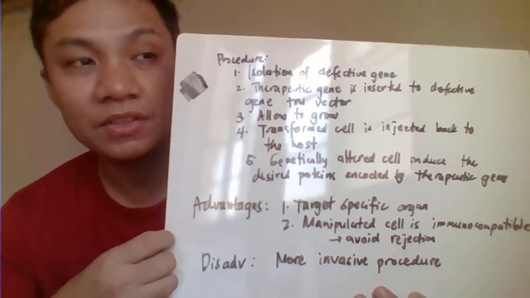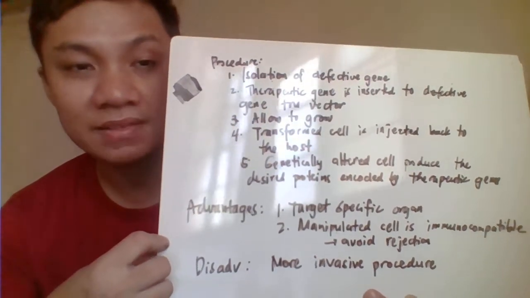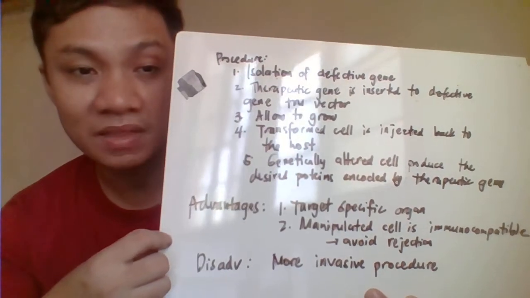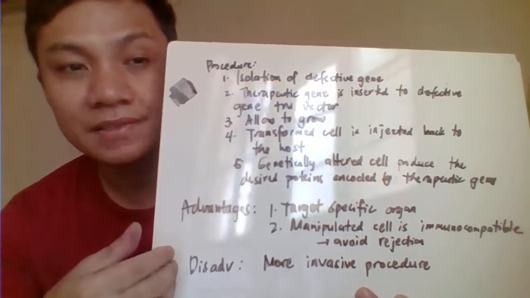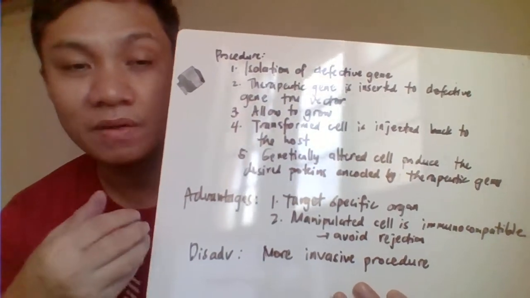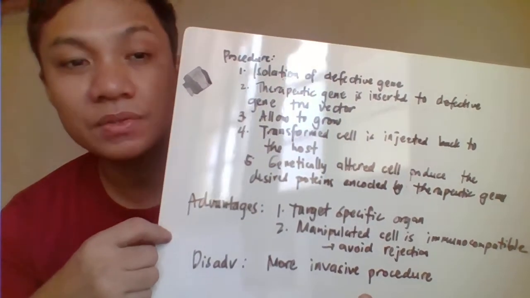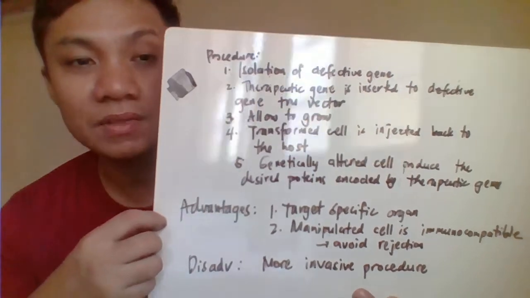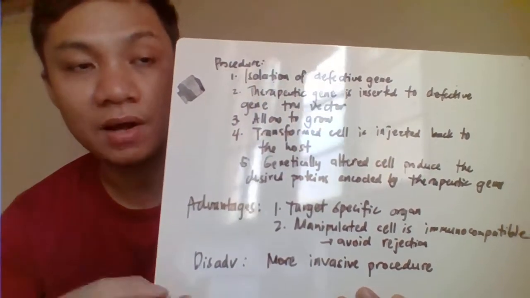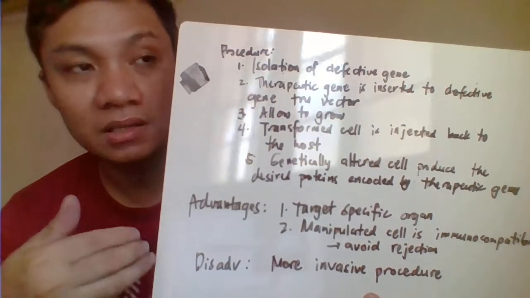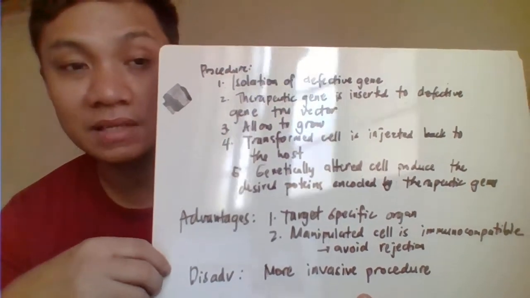Then you check and harvest those which have transformed. You just need to collect the transformed cells, because only those cells are able to grow. Those that did not transform are the defective cells, or the entire process of taking up the therapeutic gene carried by the vector was not successful.